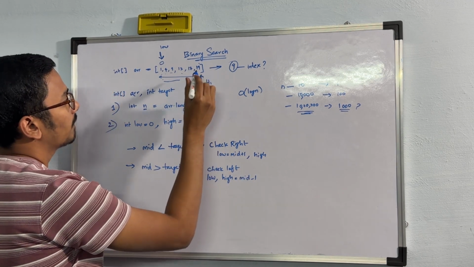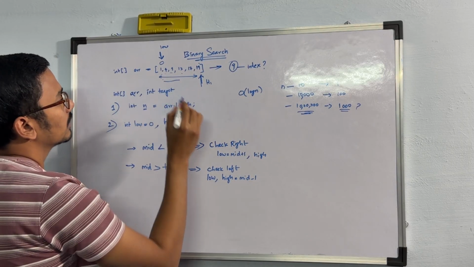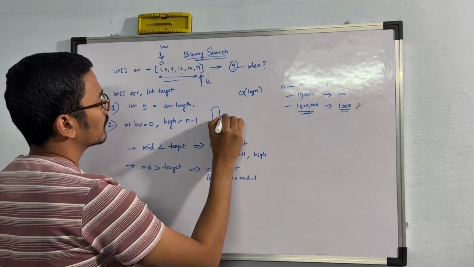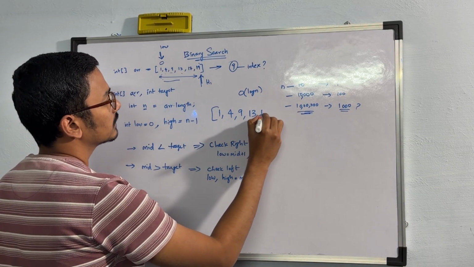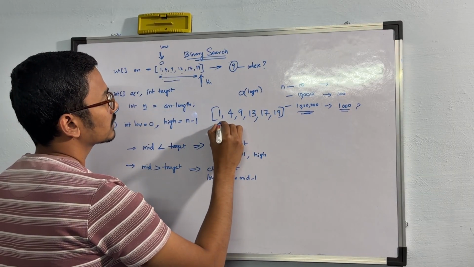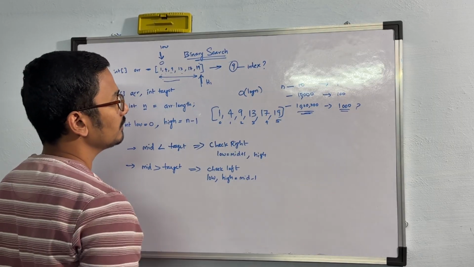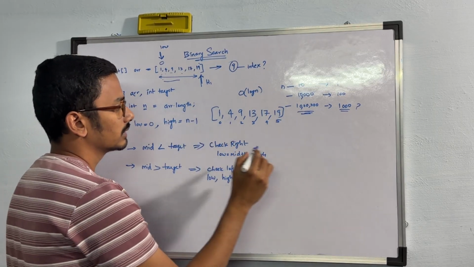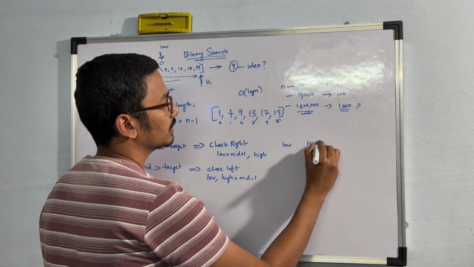So in the first case the low will come here. Let's say the array is 1, 4, 9, 13, 17, 19, and let's say these indexes are 0, 1, 2, 3, 4, 5. So initially the low is 0. Let me draw here low, high and mid.